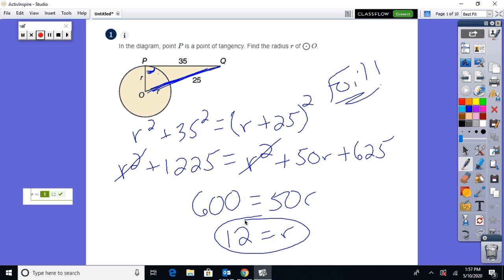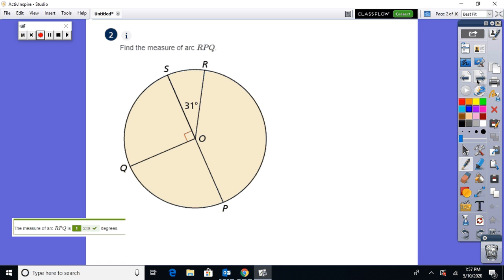Number 2. All right, arc measures. Very important stuff. So find the measure of arc RPQ. Three letters tells me it's a major arc, and I'll go the long way.